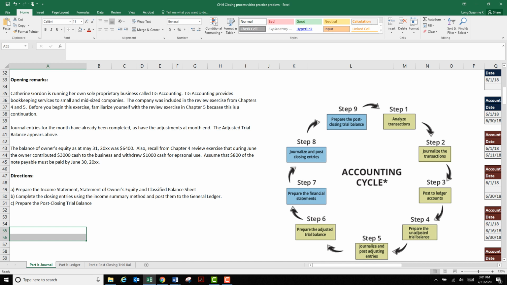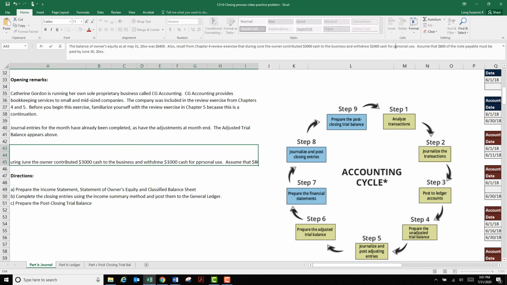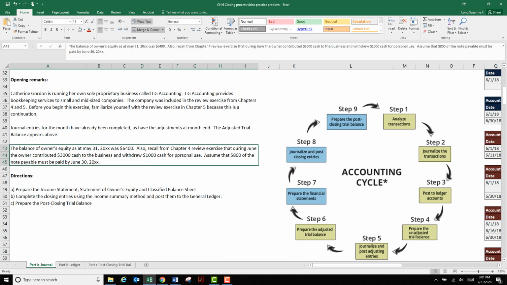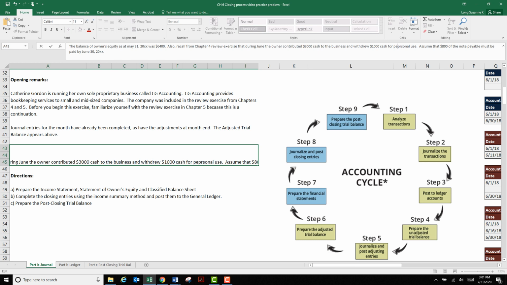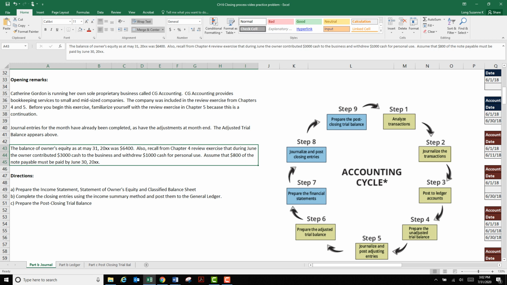Owner contributed $3,000 in cash. Owner withdrew $1,000 for personal use. Assume that $800 of note payable must be paid. That's interesting to me. I don't get this right yet. I want to check capital and notes payable based on this little note right here.